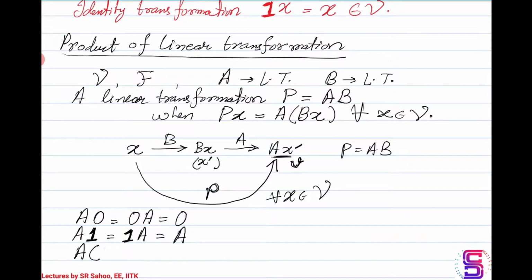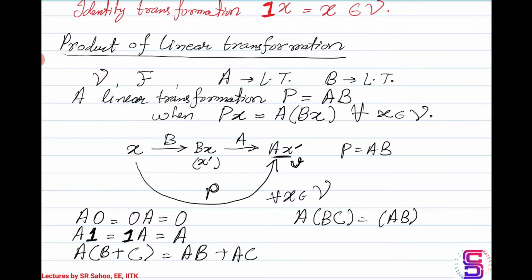Linear transform A's product with the addition of two linear transforms B plus C is the same as the addition of the products AB and AC. So this is basically distributive. Similarly, A product BC is the same as AB product C. So the product operation of linear transforms is basically associative.